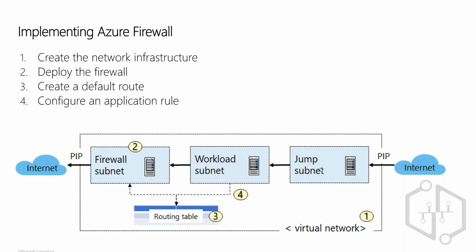So the first step comes to the jump subnet. From the jump subnet, if anybody tries to connect to the workload subnet, it will take them to the firewall subnet. From the firewall subnet, it will refer to the routing table. In the table, it is written that once the request is verified, it has to go to the workload subnet.